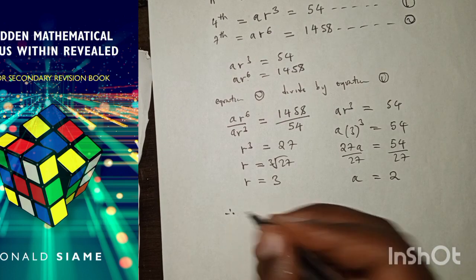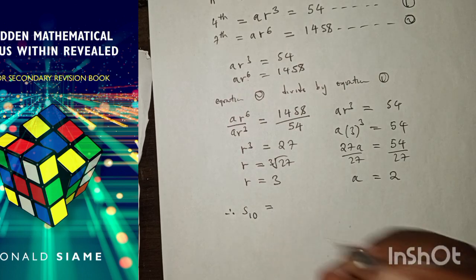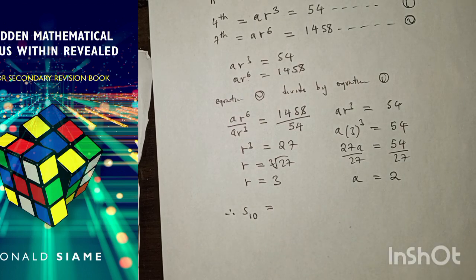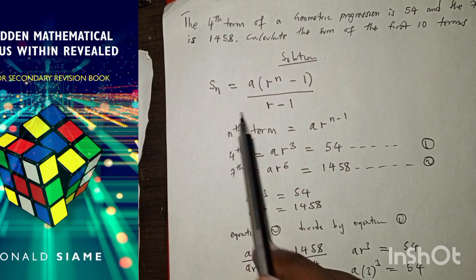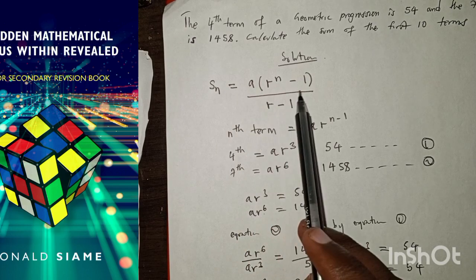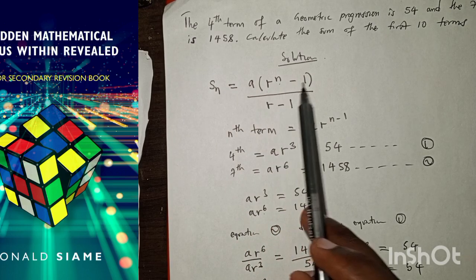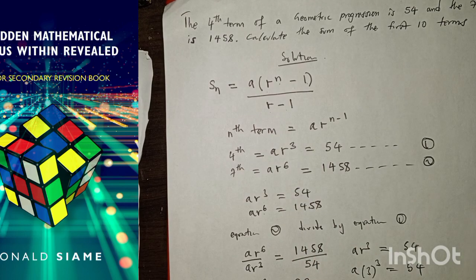So therefore S sub 10 is equal to, okay, so the formula is S sub n is equal to a, then in brackets we have r to the power n minus 1, over r minus 1.